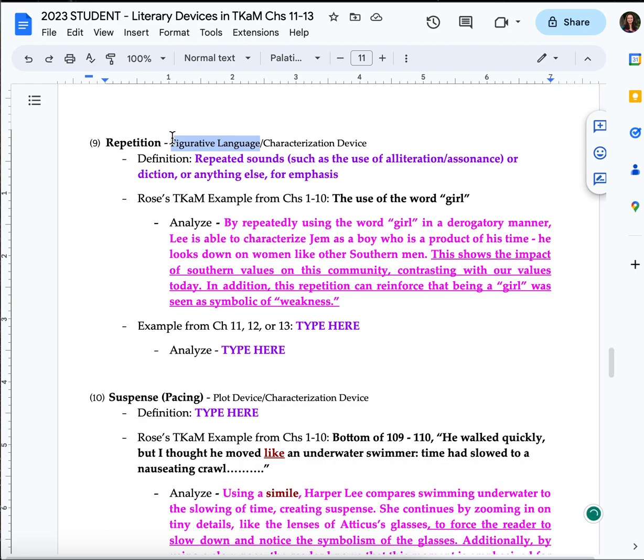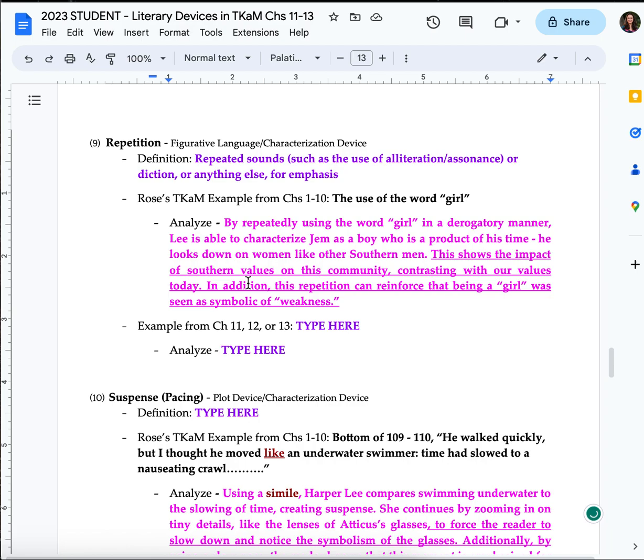It's making it art. But also, repetition can emphasize a character and show what characters truly believe, such as the use of the word girl. Jem is always calling Scout a girl and how that is rude. That shows us about his character, but I think I actually, instead of talking about it as a character, talk about it as showing theme here. So I wrote, by repeatedly using the word girl in a derogatory manner, Lee is able to characterize Jem as a boy who's simply a product of his time.